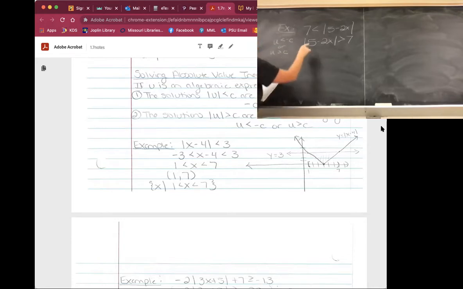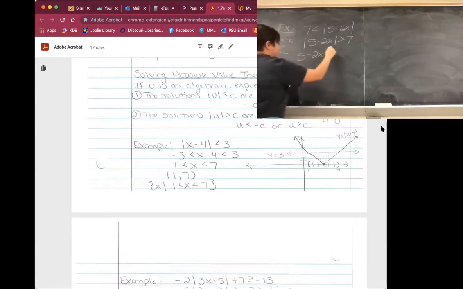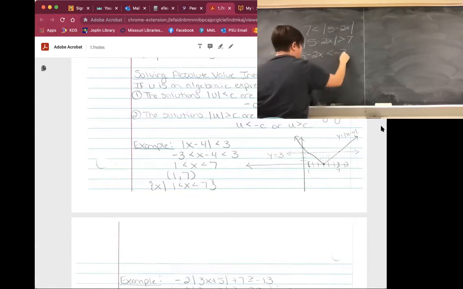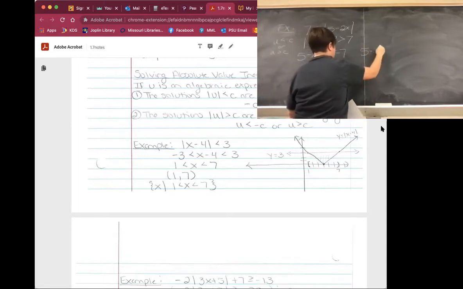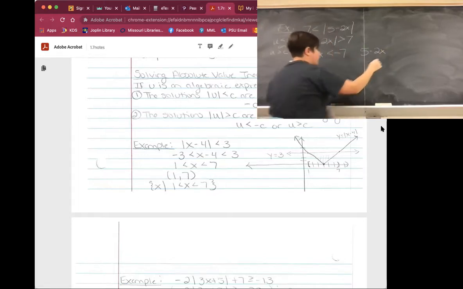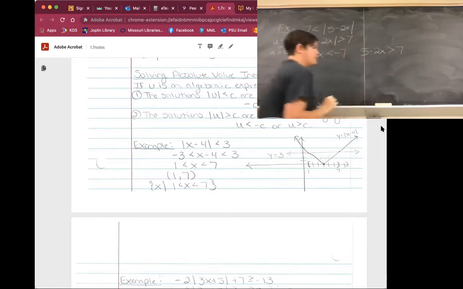So we're going to have our inside less than -c, or we have our inside, the 5 minus 2x, is greater than our +c. Those are the 2 situations that we can have, and we have to solve them separately.